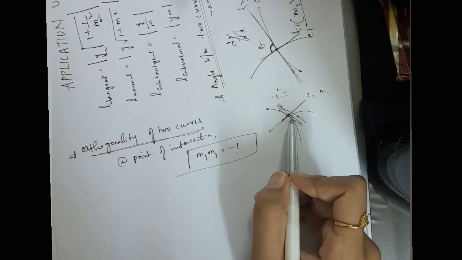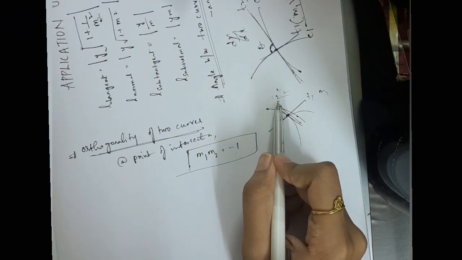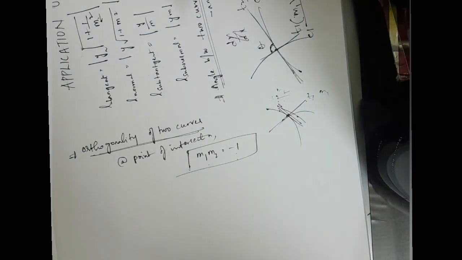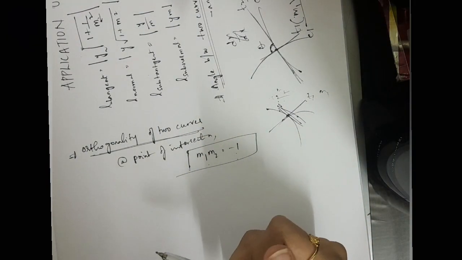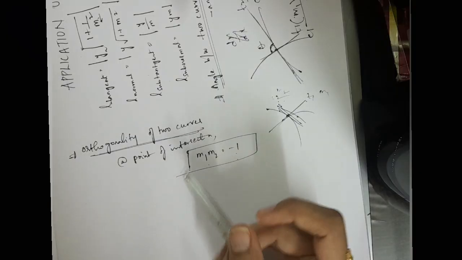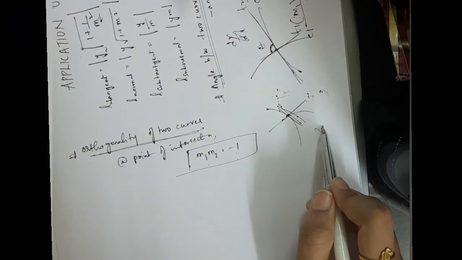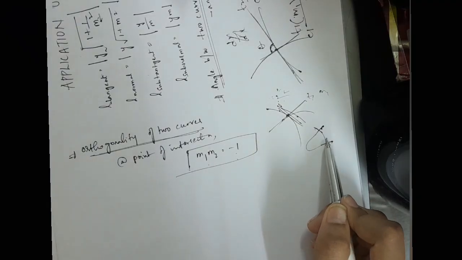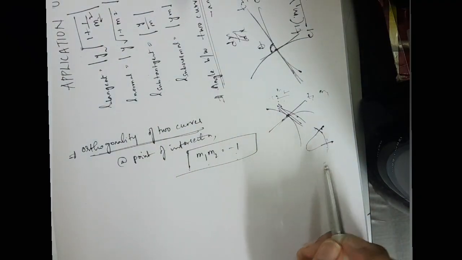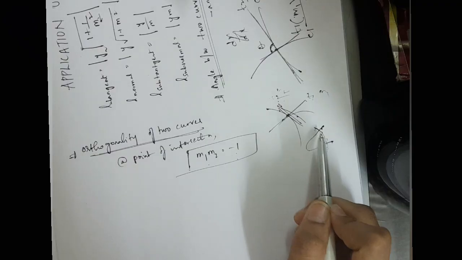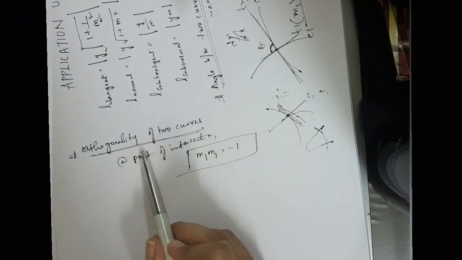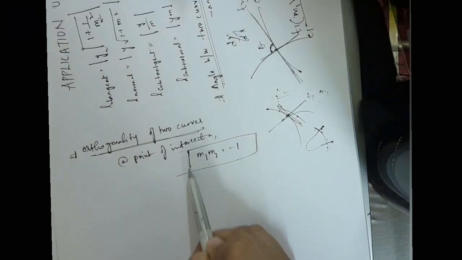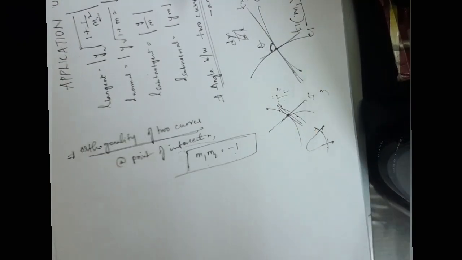Similarly, at the intersection point you find the tangent equations and you multiply the slopes and they need to be equal to -1. Then you can say that the curves are orthogonal. And if you have 2 points of intersection for the curves, you have to check for orthogonality at both the points, and if the curve is orthogonal at both the points, only then you can say that the curves are orthogonal to each other. This condition needs to be satisfied at both the points.